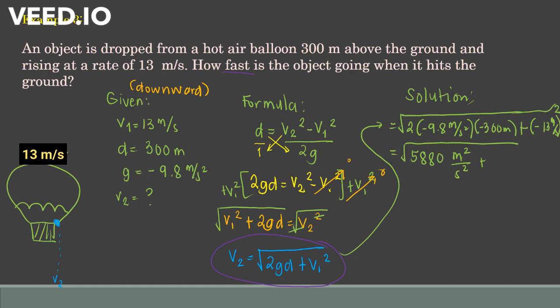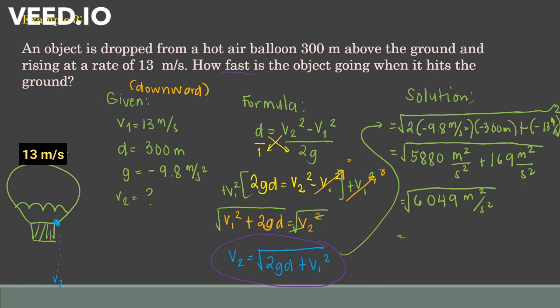If we get the square of 13, we will get 169, and the unit is meter squared per second squared. Then simplifying, getting the sum of 5,880 and 169, you will have 6,049 meters squared per second squared.